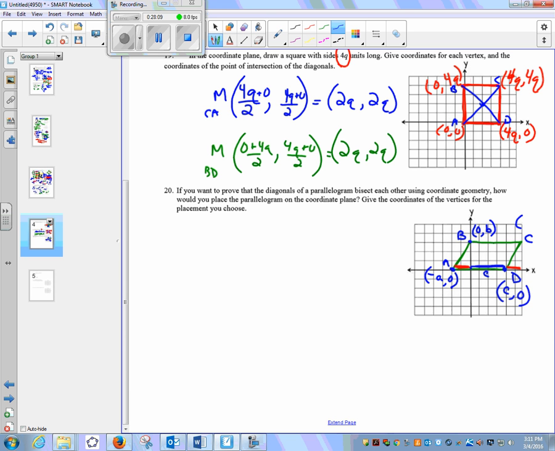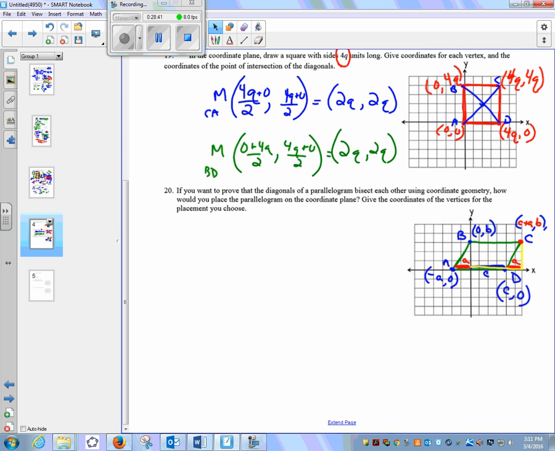And then the coordinates of C, I'm going to have to go over C plus B. I'm sorry, over C plus A, right? Because this distance is A, and it has to be the same as this distance, which is A. So to get to point C, I have to go over C plus A, and then up B.